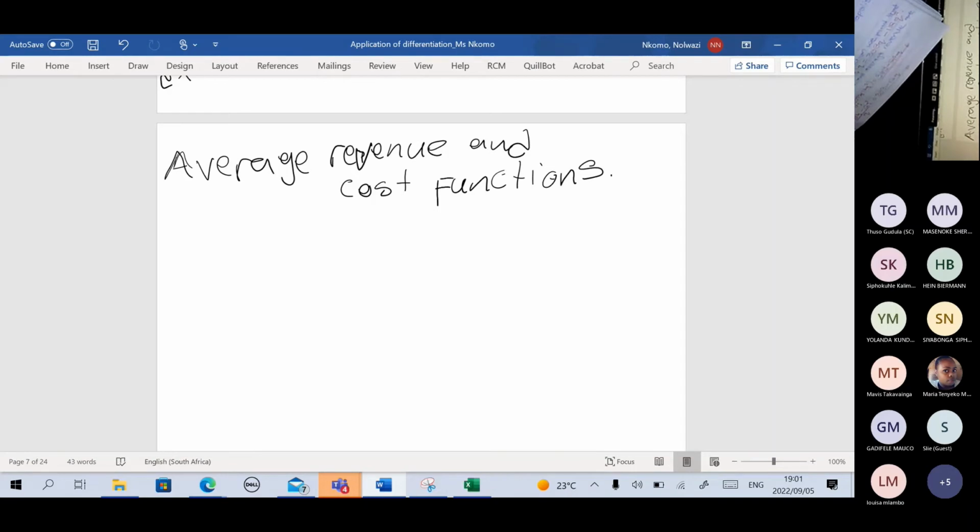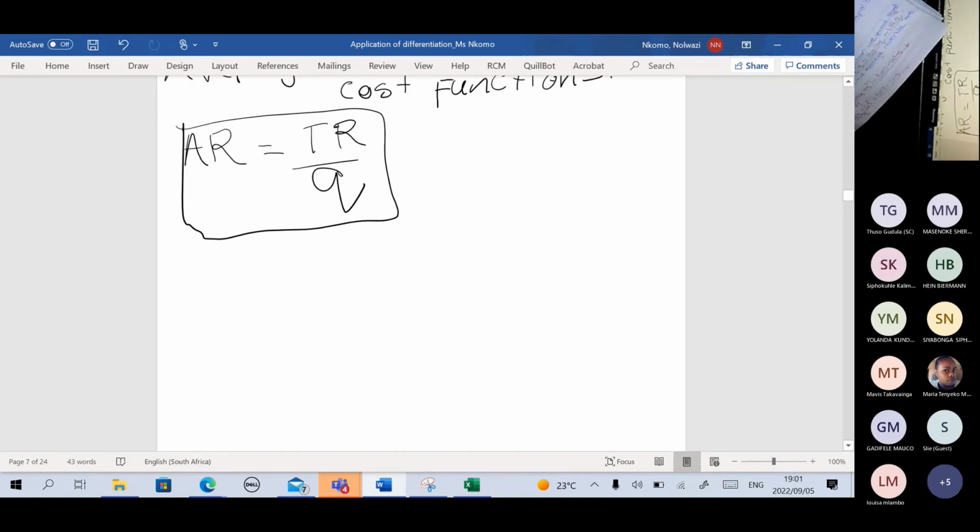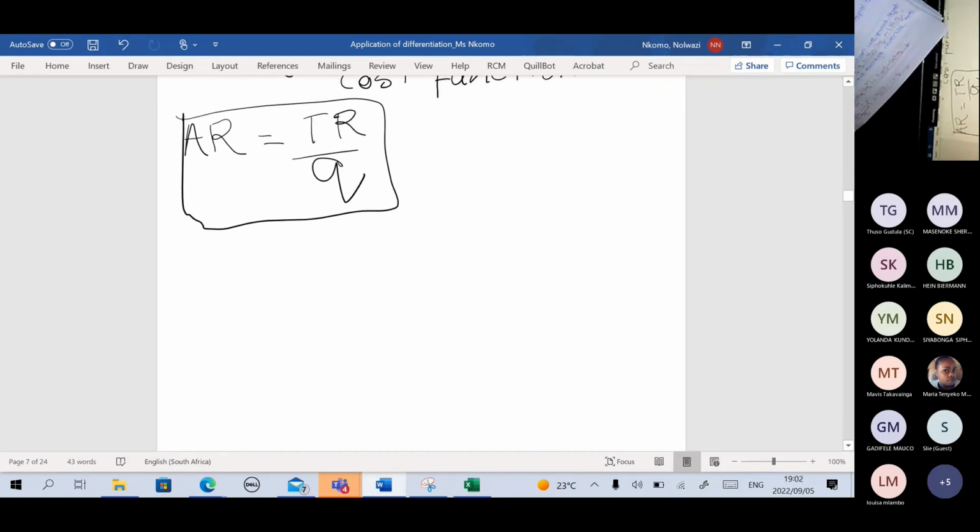This is the formula that we'll use to calculate the average revenue. Average revenue is the total revenue divided by Q, right? From this formula, we can solve for total revenue.